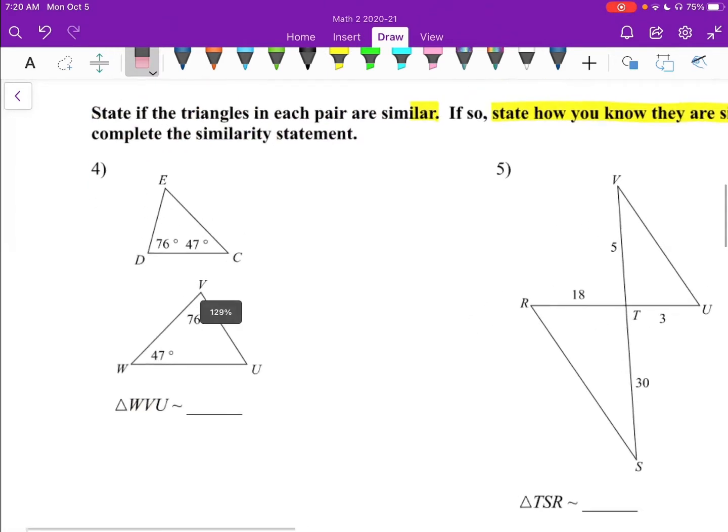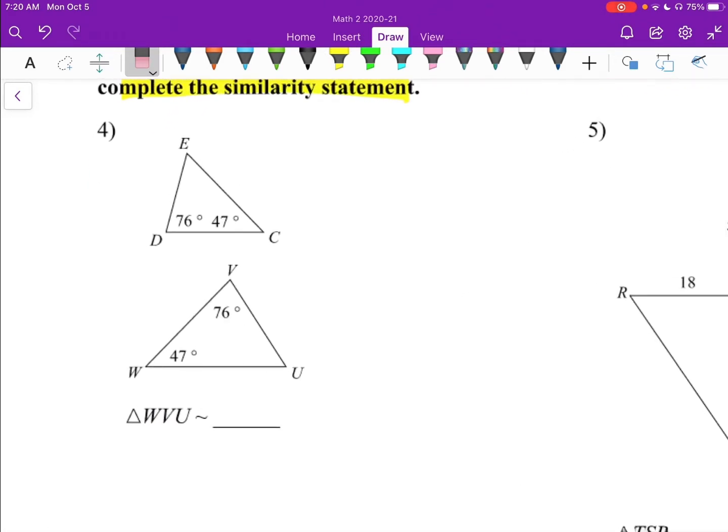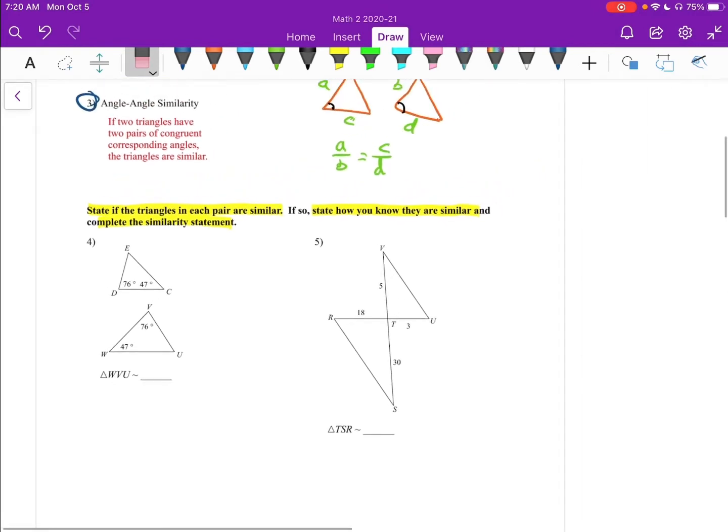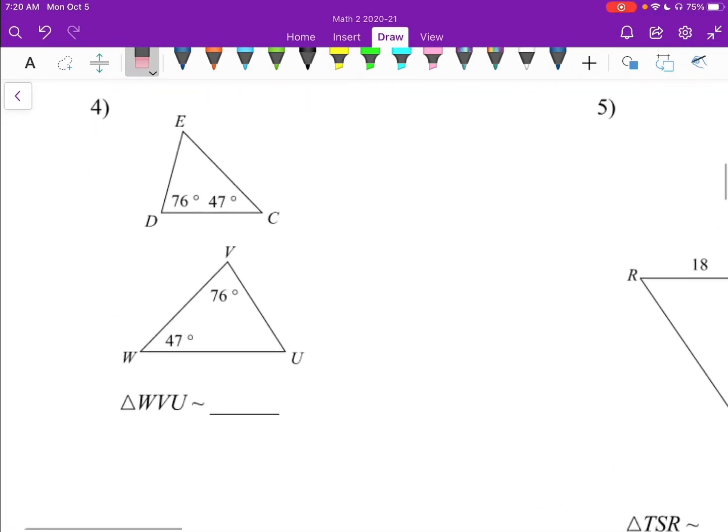So for starters, we need to figure out, are these two triangles similar? They don't give us any side lengths, so we're going to hope that we could use number 3 here, angle-angle similarity. So the way that I normally do this, and maybe this will help you too, is I put different shapes. I mean, on my iPad here, I'm able to change colors, but for you, whenever you're using just a pencil, you can put different shapes.